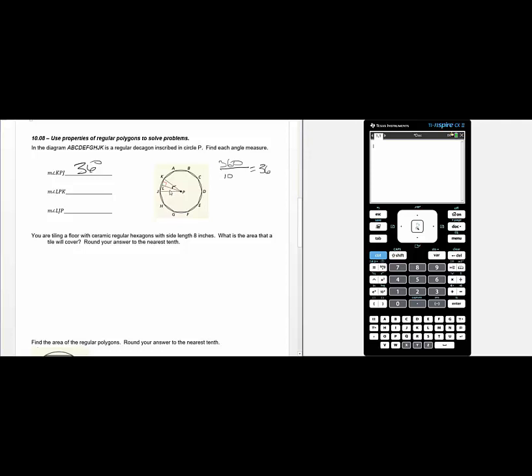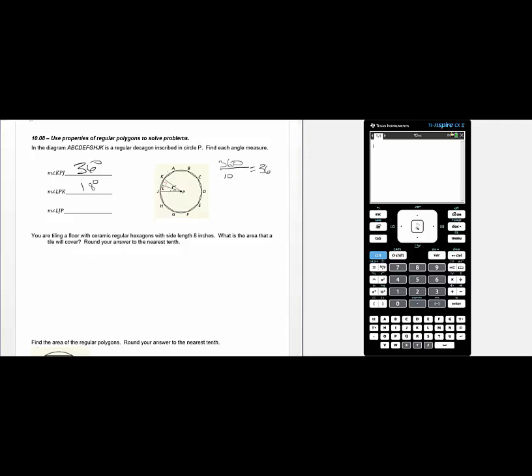The important thing is that since these triangles are congruent, these two smaller angles are congruent, meaning LP bisects this big angle. Long story short, LPK must be half of the whole thing, and half of 36 is 18.